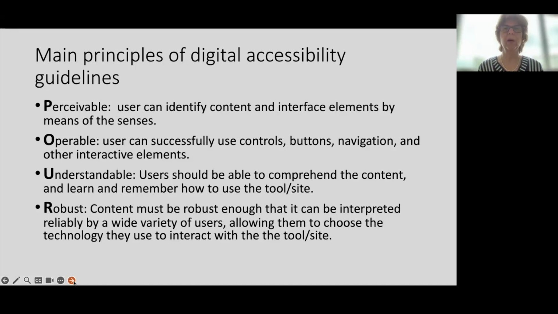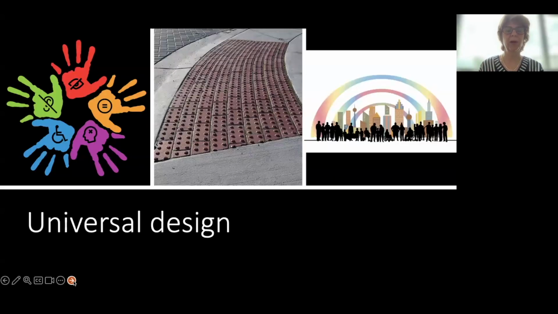And they should be robust, so that the content can be interpreted reliably by a wide variety of users, allowing them to choose the technology they use to interact with the tool and the site, right? And again, when you choose digital tools for your teaching, please do consider these principles, that the tools you choose should be perceivable, operable, understandable, and robust, right?